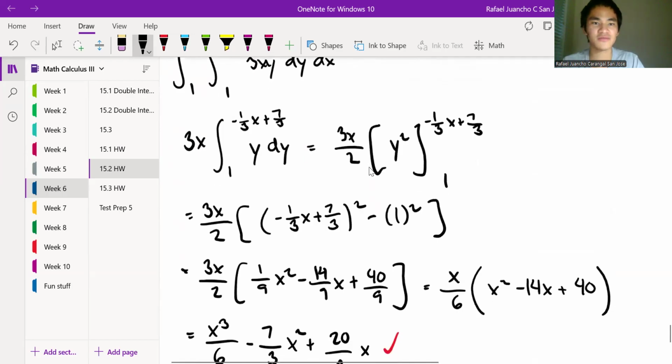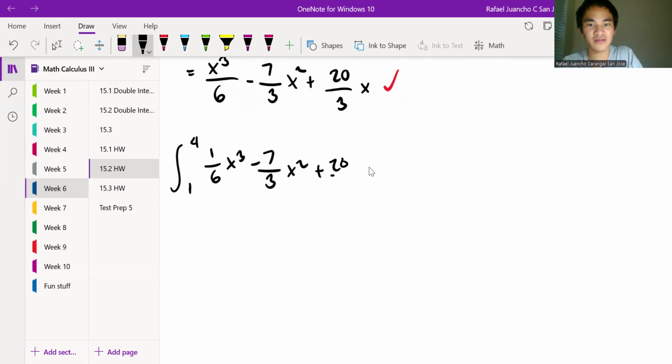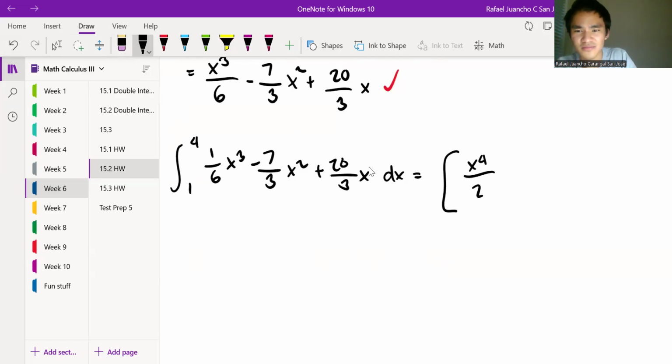Now I'm going to integrate in terms of y from 1 to 4. So here, I'm left with this. Or actually, I'll write it in a very peculiar way. That way I won't be bogged down by the number of things I have to do. Okay, let me integrate. So here we have x to the 4th. Then 4 times 6, that's 24 in the denominator.